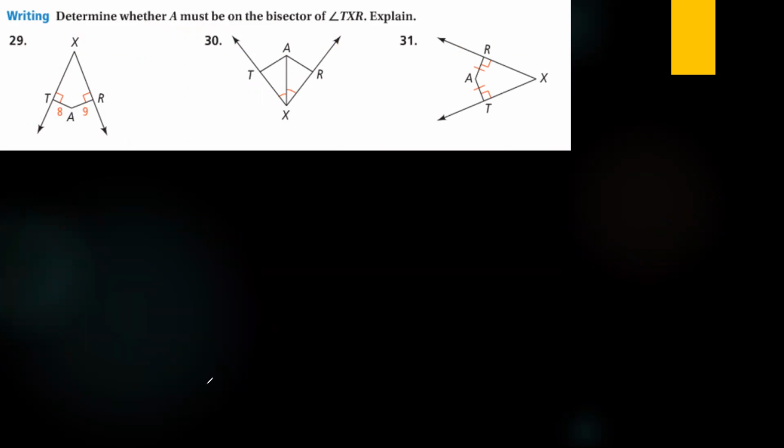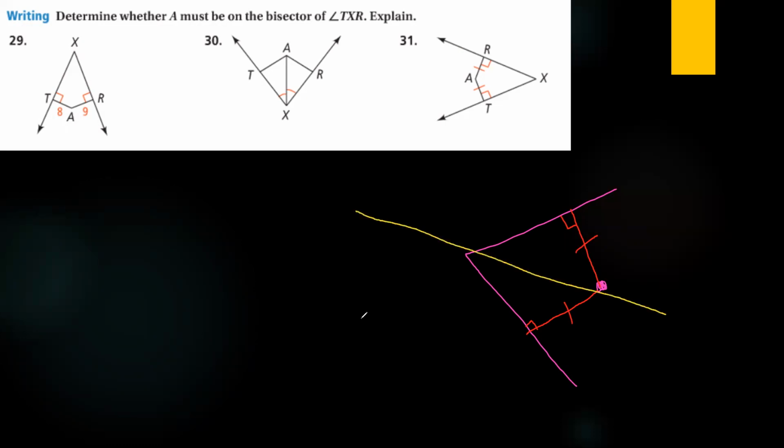I told you from the converse of the theorem that if I have this angle and an interior point, and if you draw two lines and these two lines are equal distance from the sides of the angle, then the bisector that cuts the angle must pass through this point.